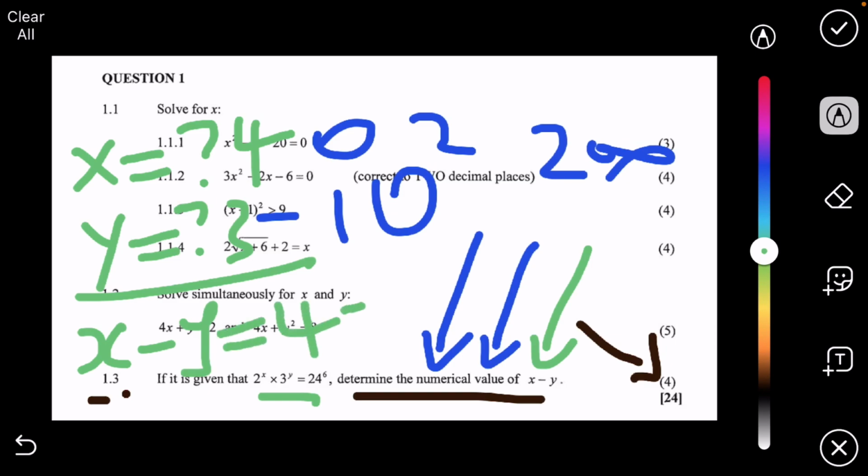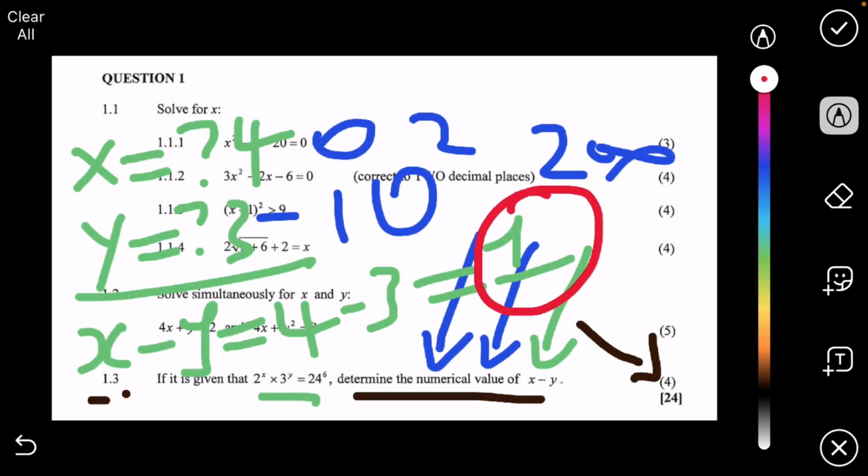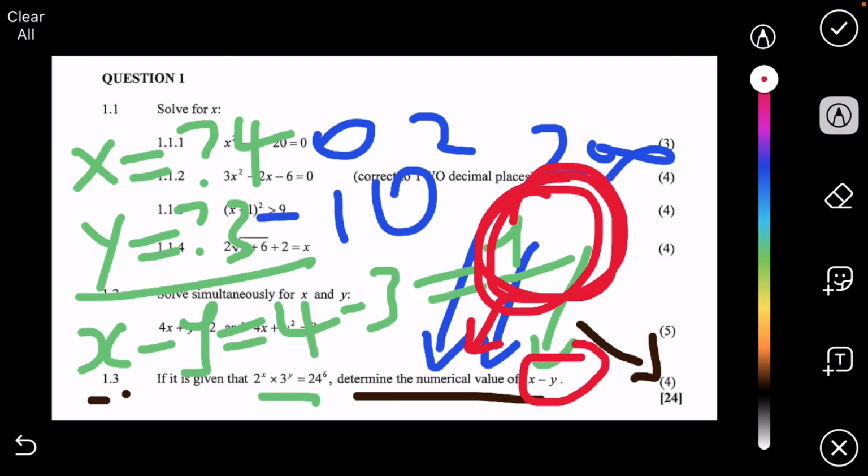It's 4 minus 3, which equals 1. So guys, 1 is the numerical value of x minus y. A numerical value, ladies and gentlemen, is exactly what the question wants you to calculate.